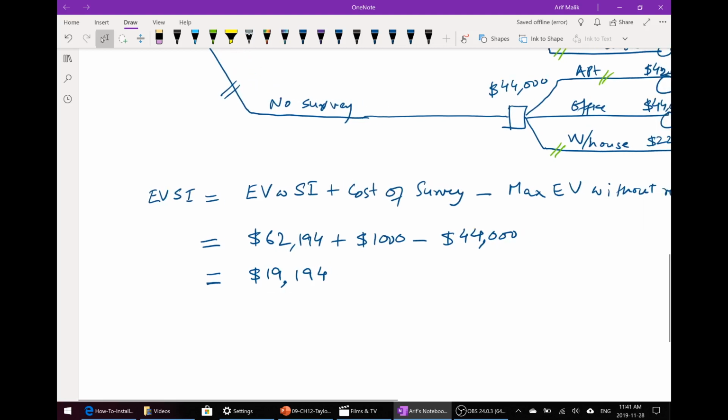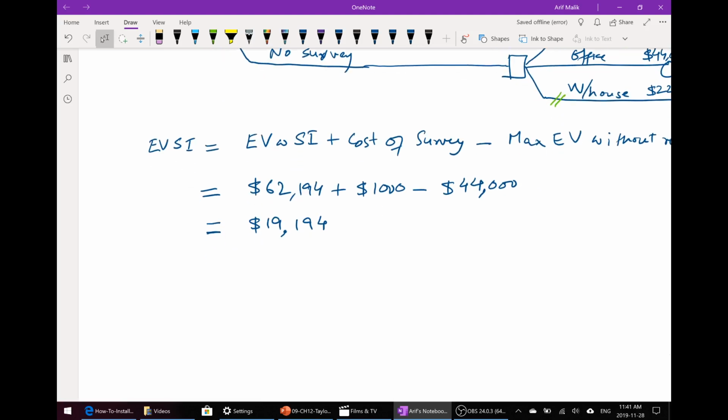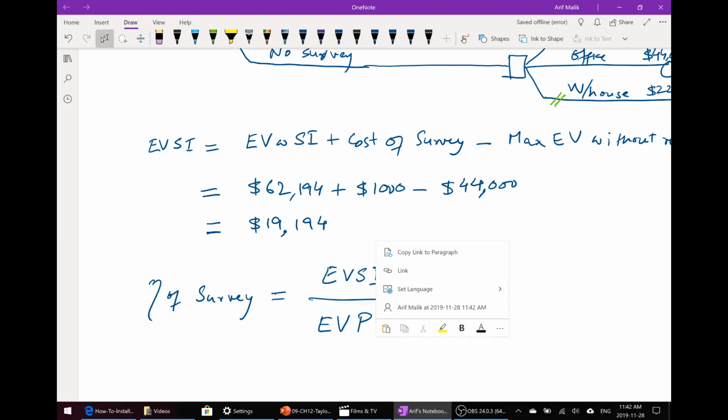One last thing is what is the efficiency of expected value of survey information. The efficiency of survey can be found as expected value of survey information divided by expected value of perfect information.